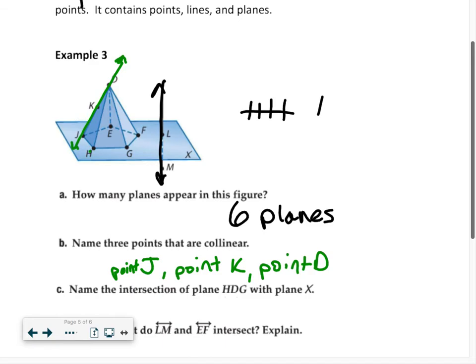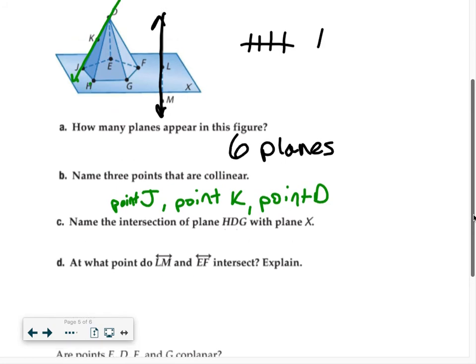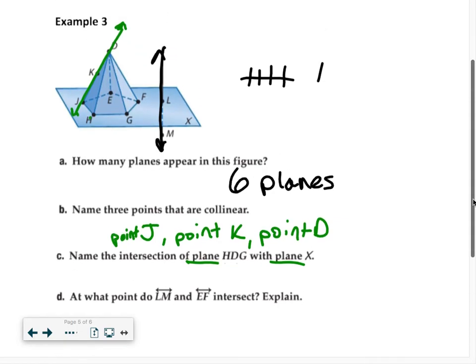Name the intersection of plane HDG with plane X. So where two planes intersect, recall that's a line. So we've got to find that plane HDG first. So where is HDG? H to D to G. That is that front face. That's plane HDG. Kind of highlight it with green.